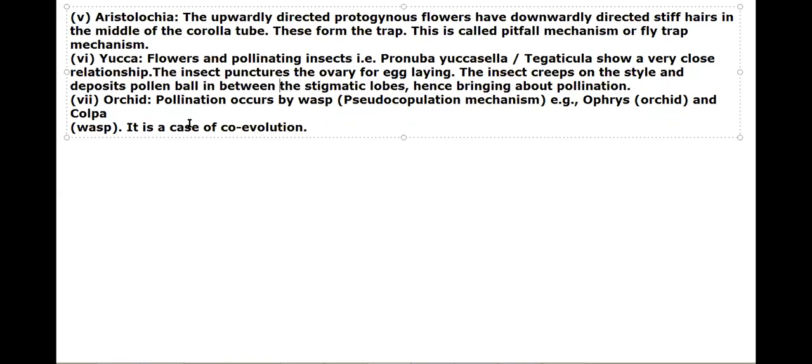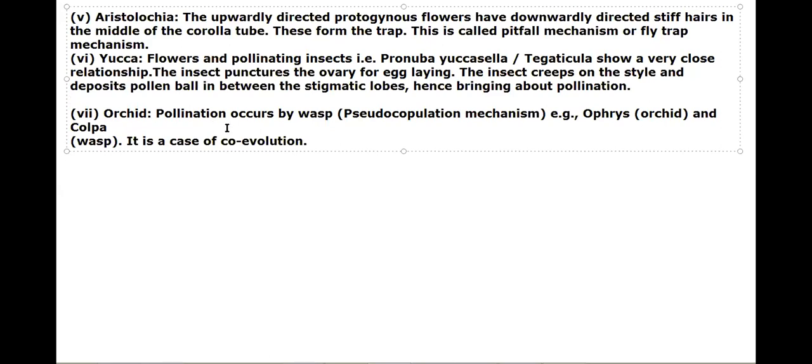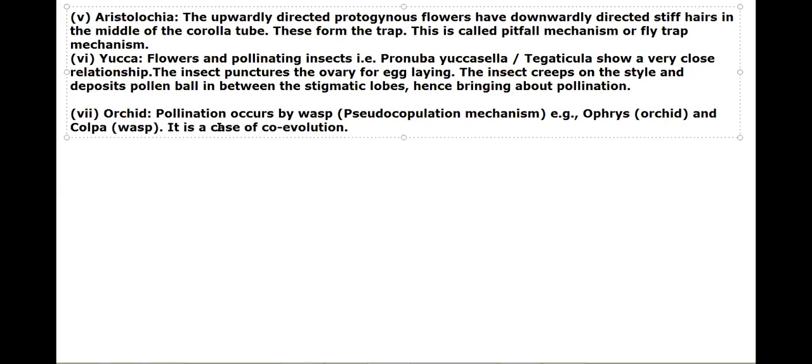Okay? In orchid, as we have already discussed, pollination occurs by wasp, in Ophrys. One example species you can take is Ophrys speculum, the orchid, and this is Colpa aurea, the wasp. So this is a beautiful example of coevolution.